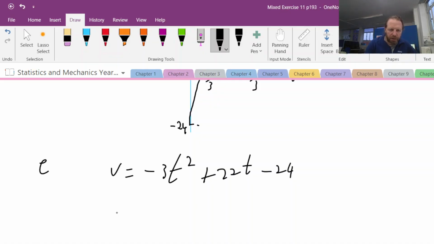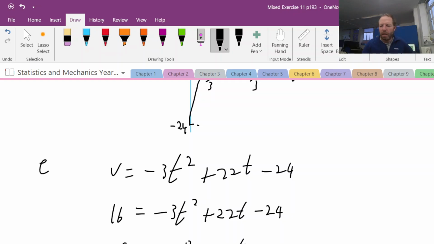So if we put 16 equal to that, we can then get 0 equals minus 3t squared plus 22t minus 24 and 16 get us up to 30, get us to 40, so minus 40. And then I can use the poly solve on the calc.